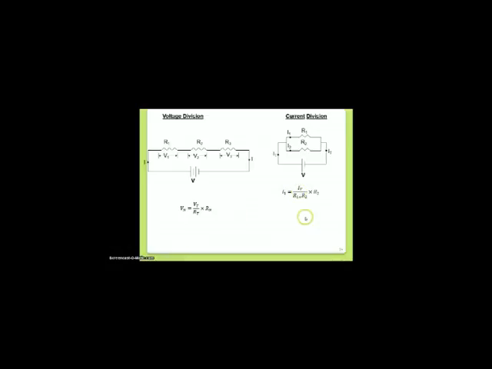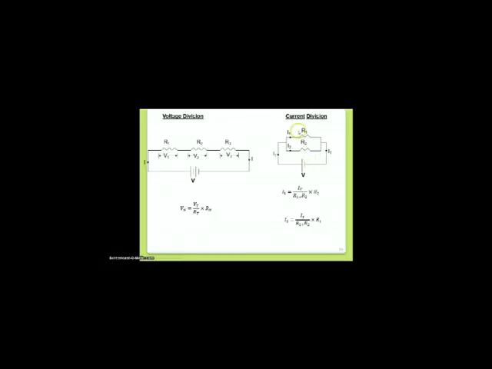I hope you note down these major differences. In voltage division, we take the same resistance, but in current division, we have to take the opposite branch resistance. In other words, voltage division can be applied to as many resistors that are connected in series, but the current division we normally apply to only a network of two resistors connected in parallel.